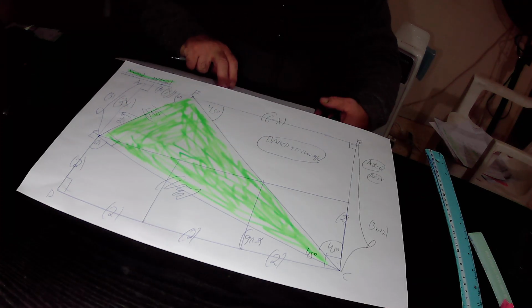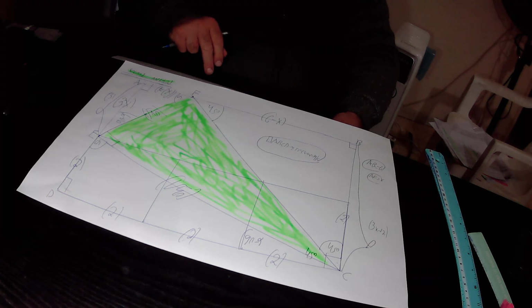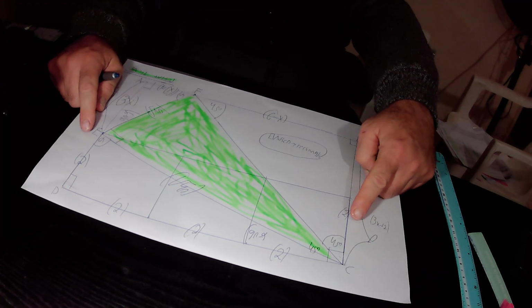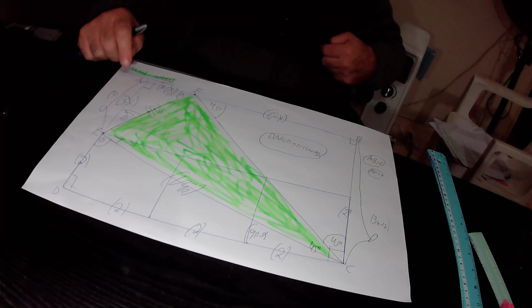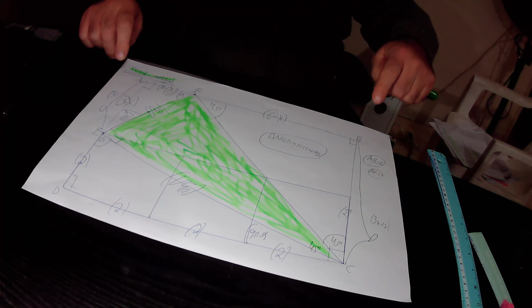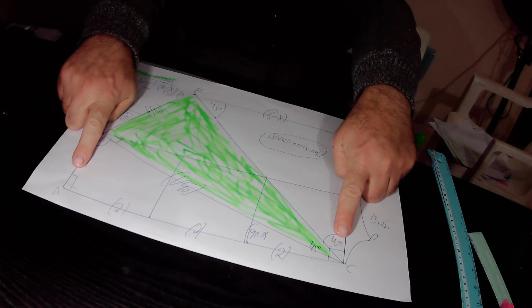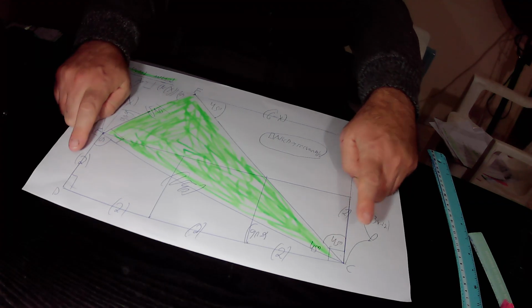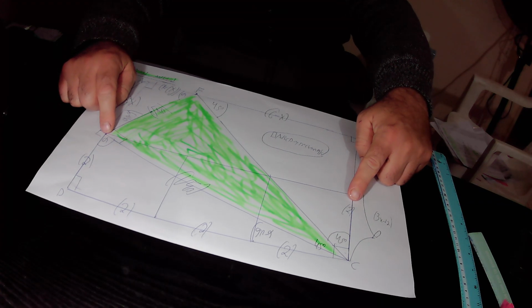Okay, and we actually created here a rectangle by extending those 2 sides. Those 2 angles are right angles because those 2 shapes are squares, and those 2 angles are also right angles for the same reason.